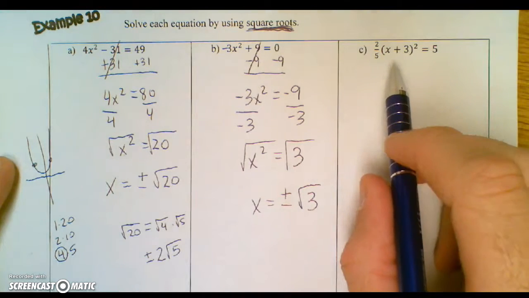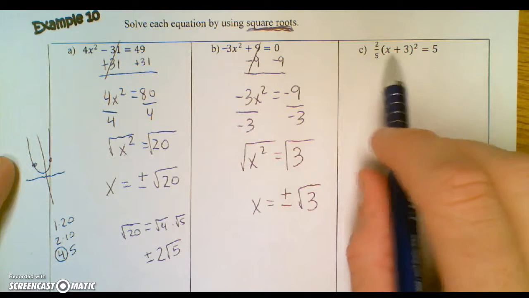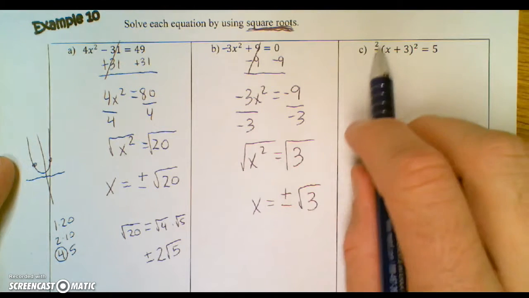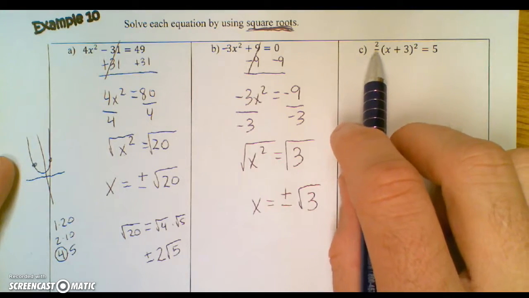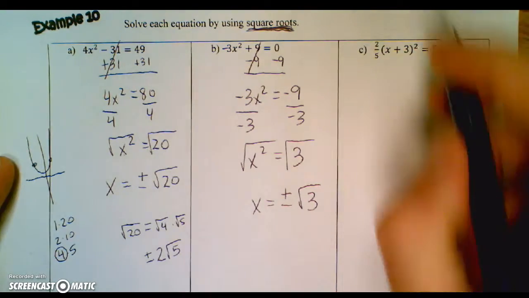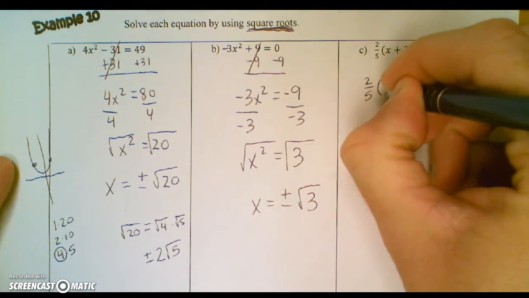Alright, for the next problem, same idea, I'm still trying to isolate the x. So I'm going to undo the steps that are happening in front. So remember with a fraction, this means you're multiplying by 2 and dividing by 5. I'm just going to rewrite the problem so it's a little bit easier to show my work.